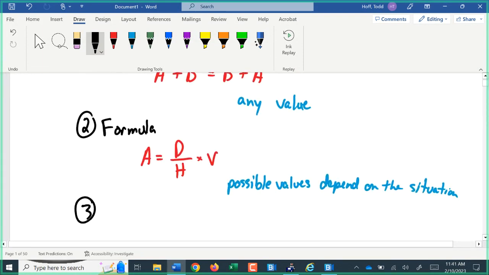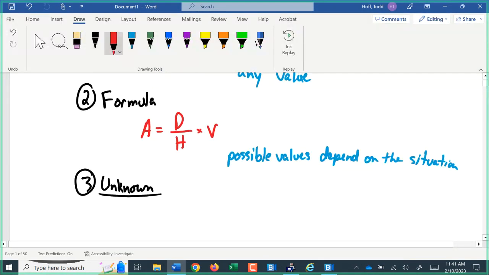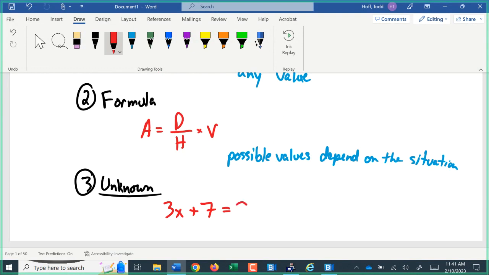Another use of a variable is what is called an unknown. In an unknown, this is probably the one that you're most familiar with. This one we'll look at on Monday. Something like 3x plus 7 equals 25.